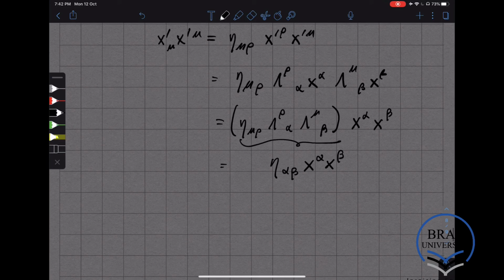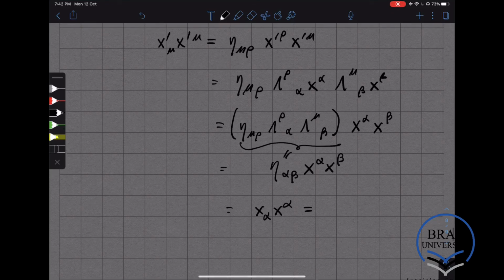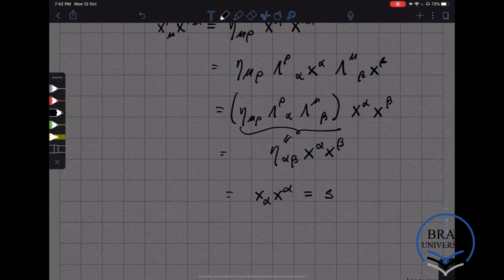Because if that is the case, then we will have x downstairs α, x upstairs α, and this is equal to what we are calling s_12 squared.